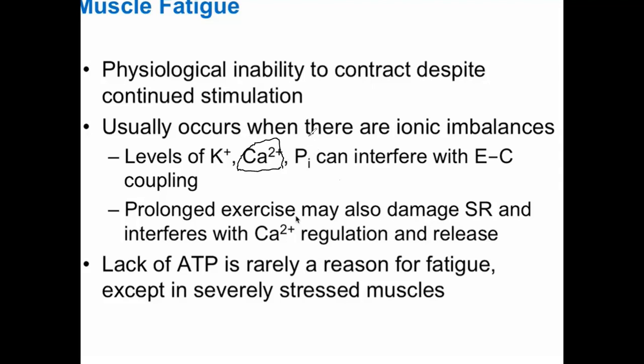If you don't have ATP generation, you can't have all the functions of ATP: the sodium potassium pump, the calcium pump, the formation of the cross bridges. You cannot have ATP for generating the glycogen stores. You cannot have ATP for phosphocreatine formation.